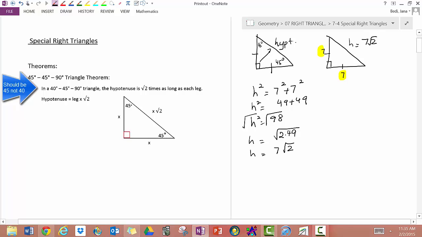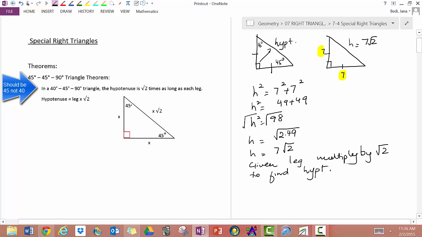If you're given a 45-45-90 triangle, the legs will be congruent, and the hypotenuse will be root 2 times the leg. So remember this: given the leg, multiply by root 2 to find the hypotenuse.